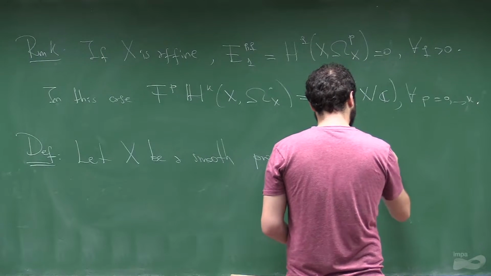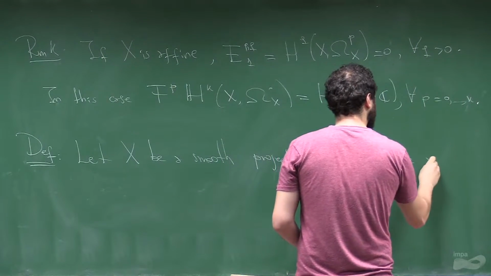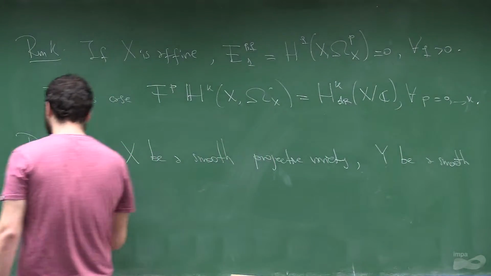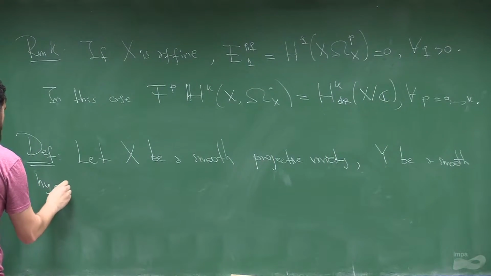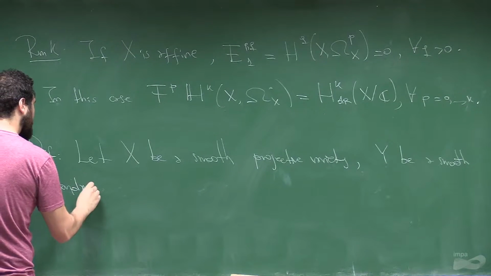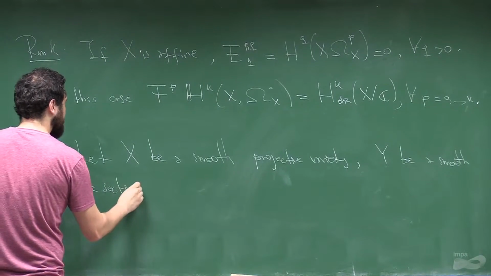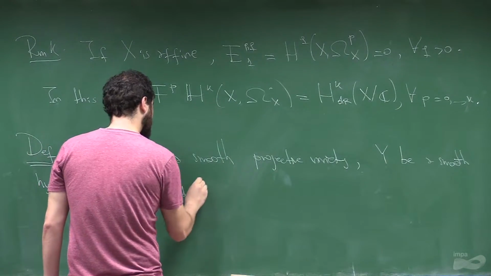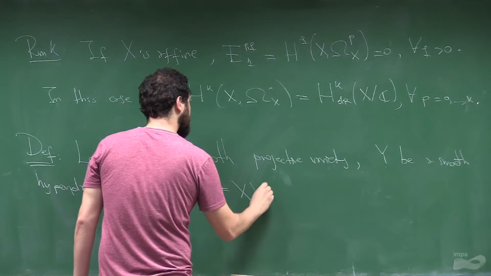Let Y be a smooth hyperplane section. Okay, so here I'm not in the most general case. Let U be X minus Y.